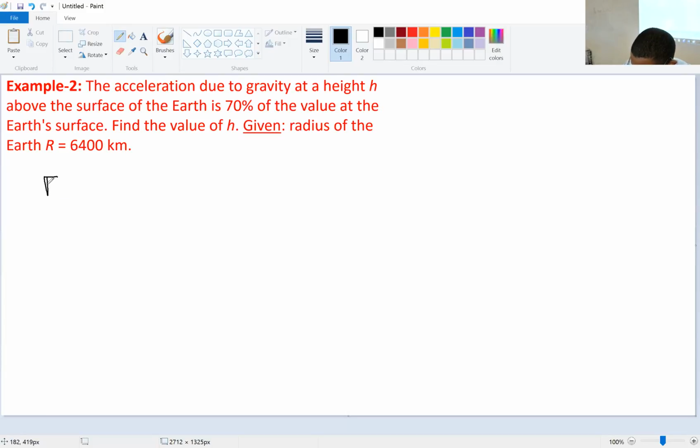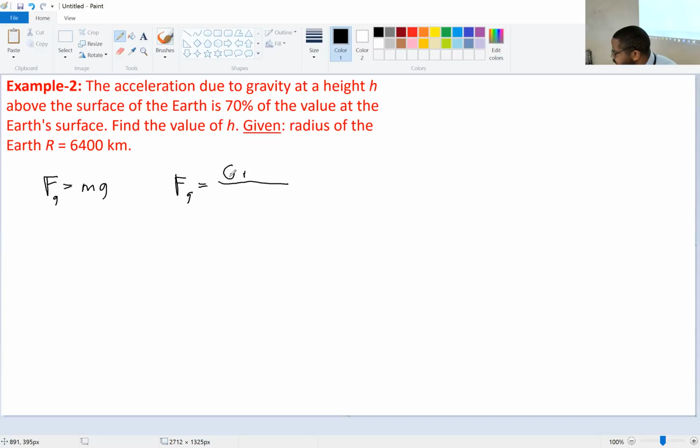Okay, so force equals mass. Let's say force due to gravity is mass times acceleration, which I am just going to call g. All right. Okay, what also is force due to gravity? Well, we'll just use that formula that we've been using.